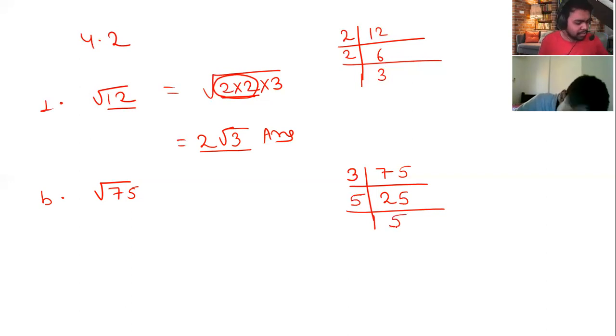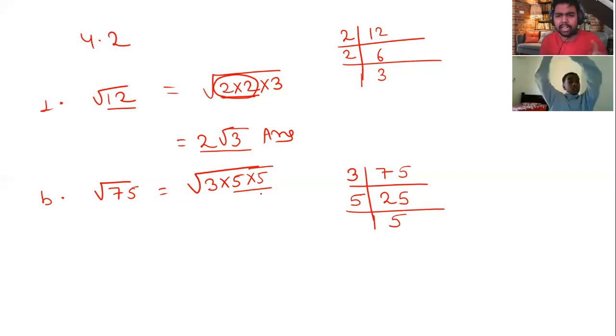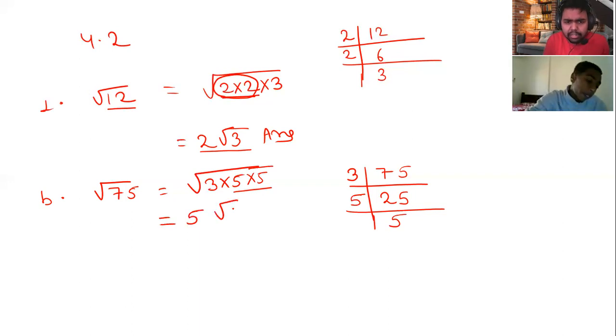So we can write this as 3 times 5 times 5. Again, we have one pair of 5, and that will become one 5 and come outside of the root. So this could be written as 5 root 3. This is my simplest form.